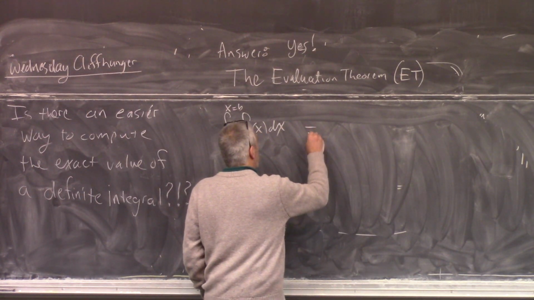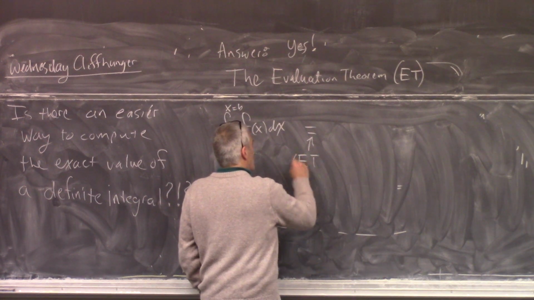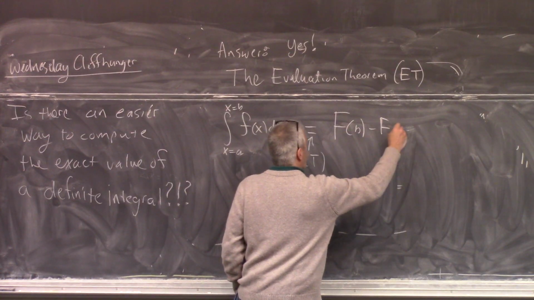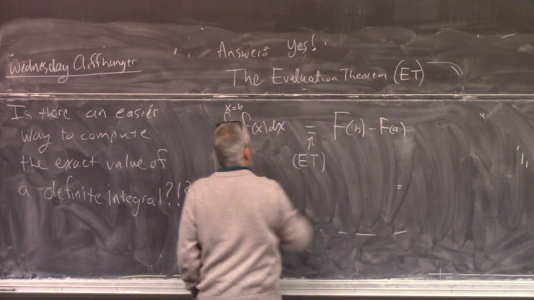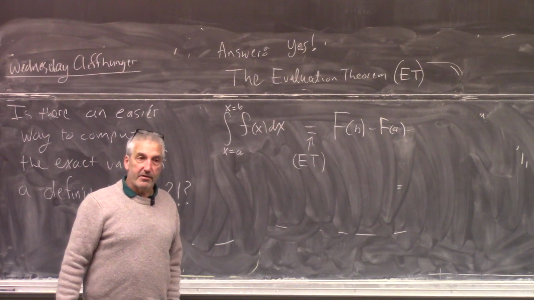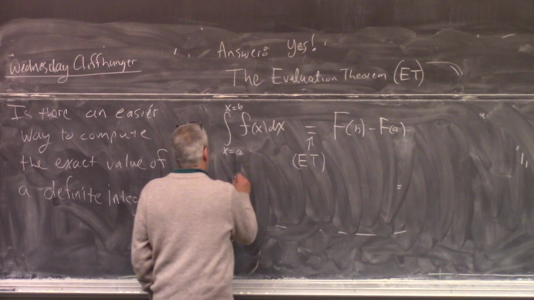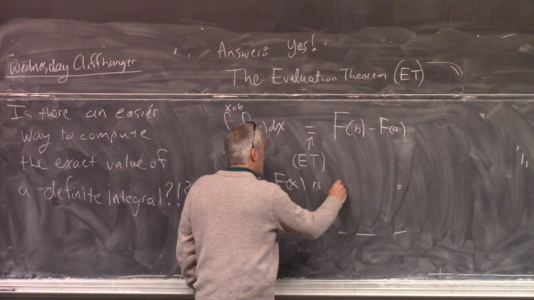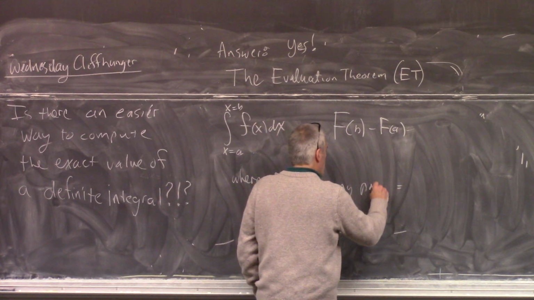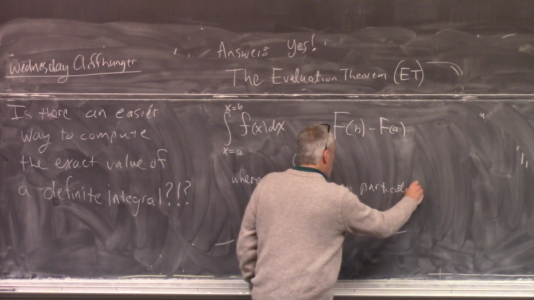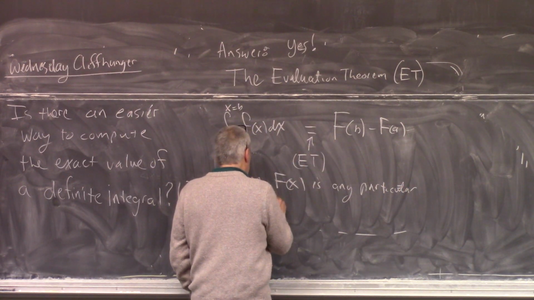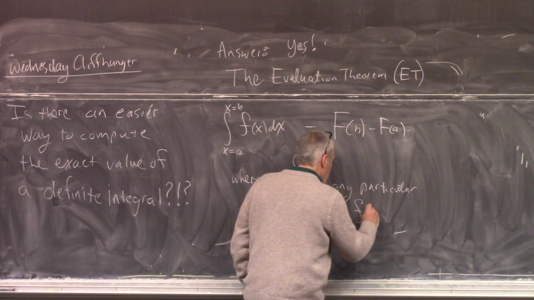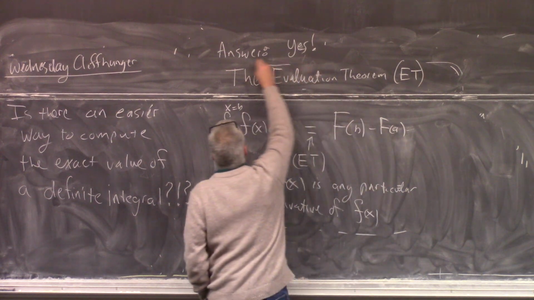And so what the evaluation theorem says is this is equal to capital F of b minus capital F of a, where capital F is any particular antiderivative of little f. So there we go.